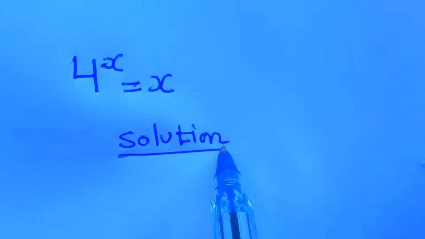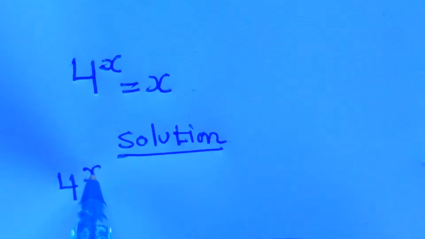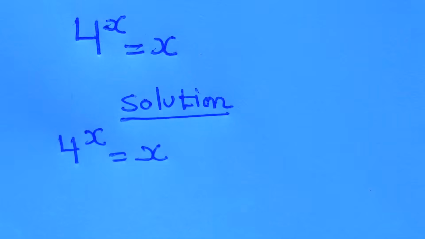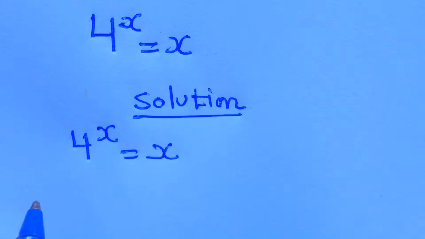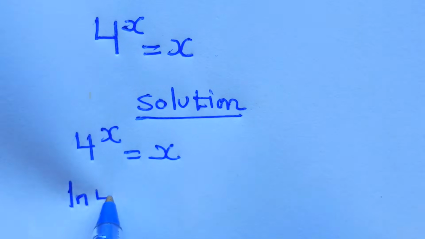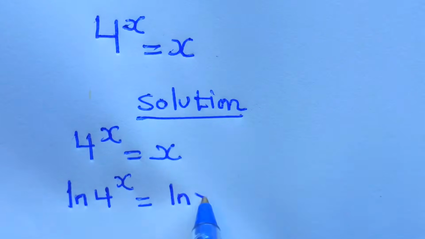Very quickly, of course we have to copy 4^x = x. Now we are going to apply the natural logarithm: ln 4^x equals ln x.